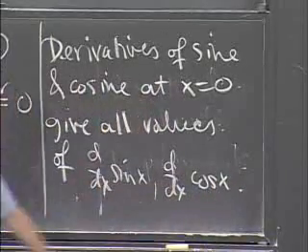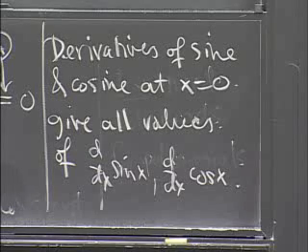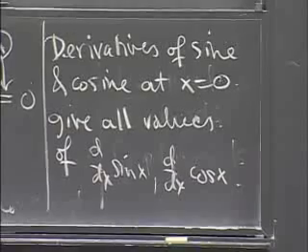So that's really what this argument is showing us, is that we just need one rate of change at one place, and then we work out all the rest of them.